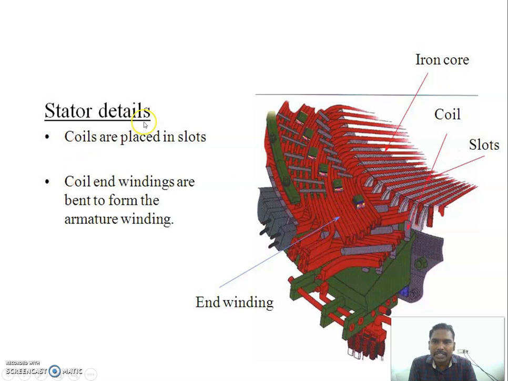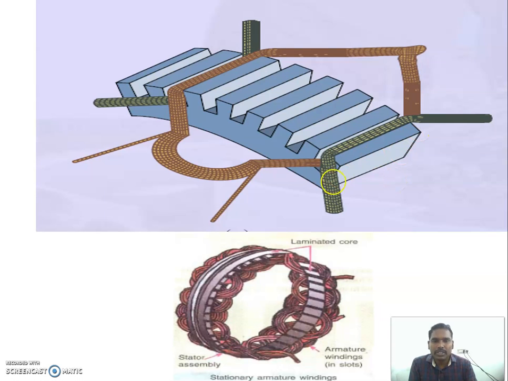Stator details: the coils are placed in the slots, as already told, and the coil end windings are bent to form the armature winding. This is the iron part, and in between we have coils. This is the coil, and this is the slot portion of the machine. This is the proper coil winding nature.